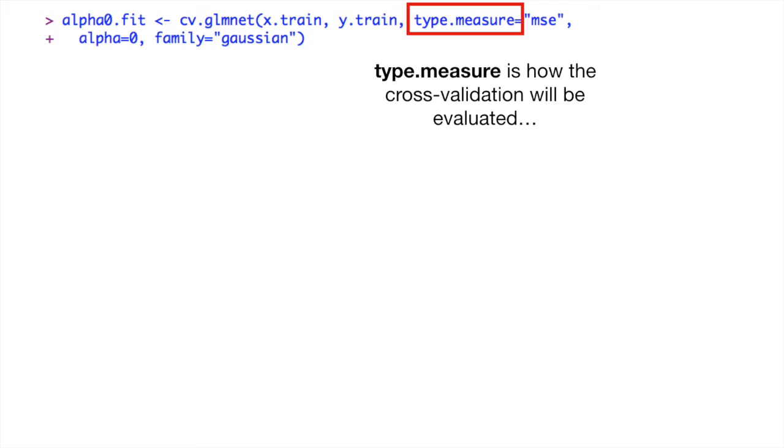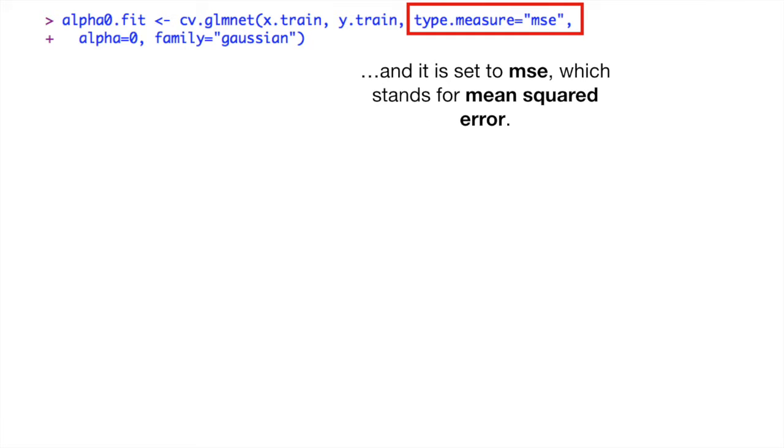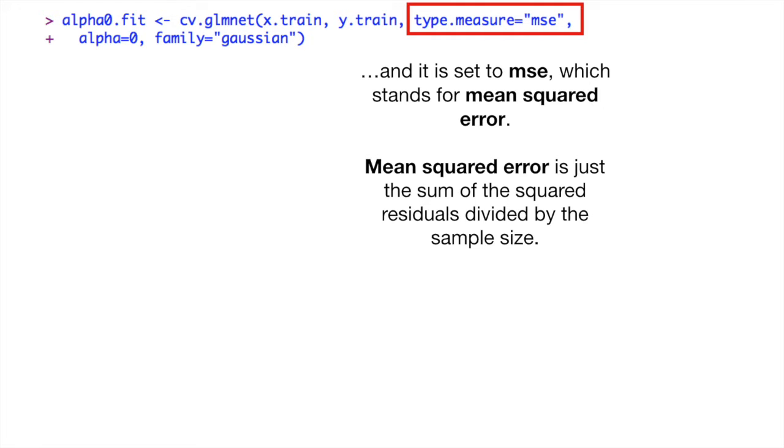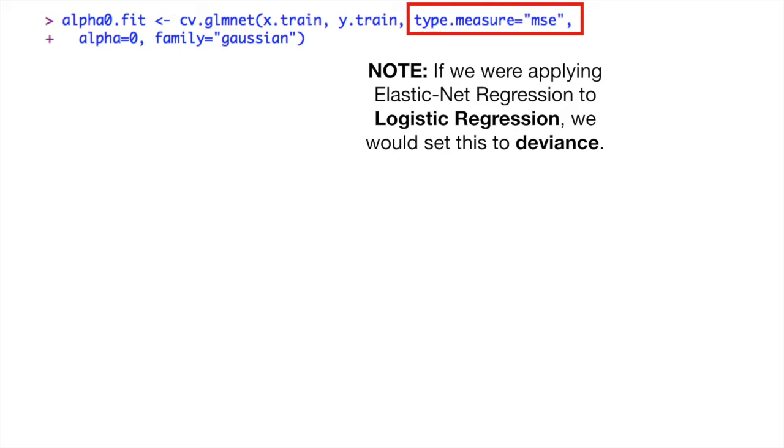Type.measure is how the cross-validation will be evaluated. And it is set to MSE, which stands for mean squared error. Mean squared error is just the sum of the squared residuals divided by the sample size. Note, if we are applying elastic-net regression to logistic regression, then we would set this to deviance.